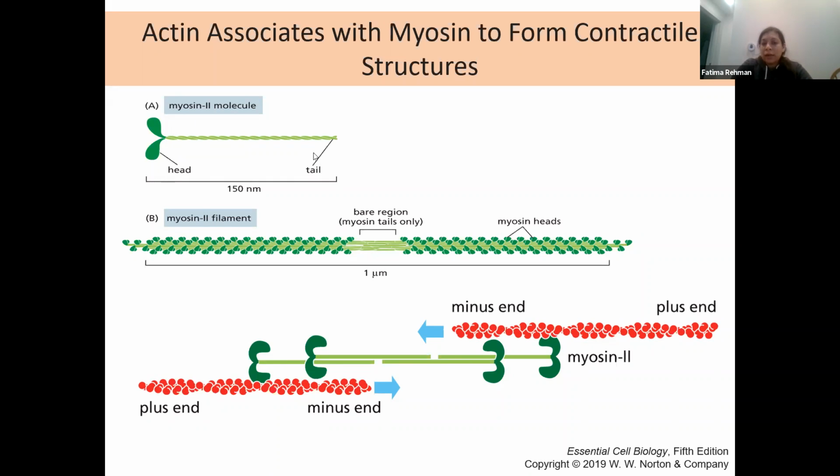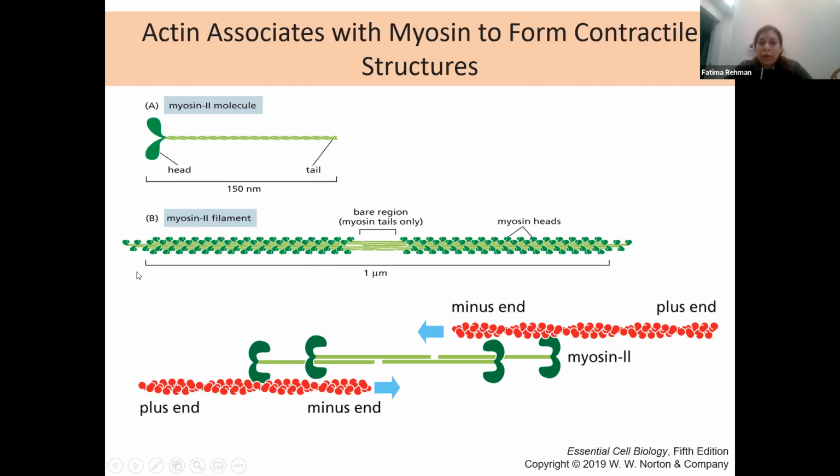So these myosin molecules interact with each other through the tails. The heads are then free to associate with their binding partners, in this case with actin filaments. And they do that by interacting with the minus end of the actin filaments, leaving the plus end free to the polymerization and to increase and shorten as needed.